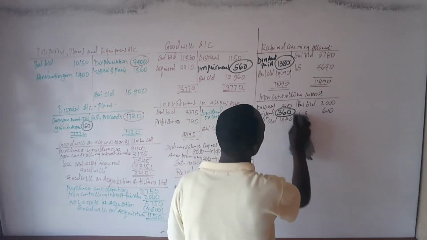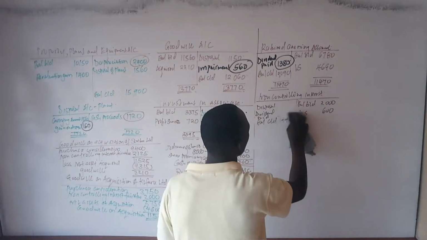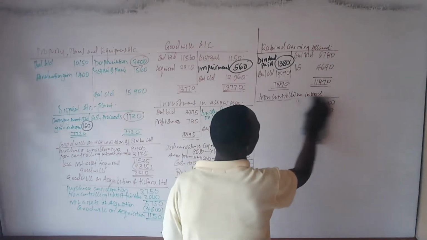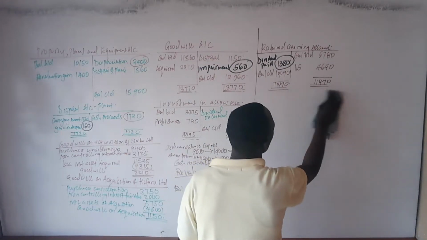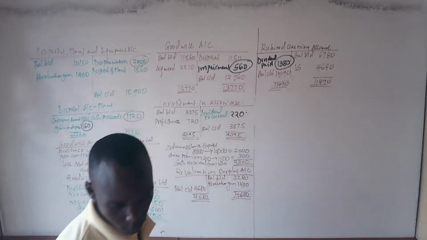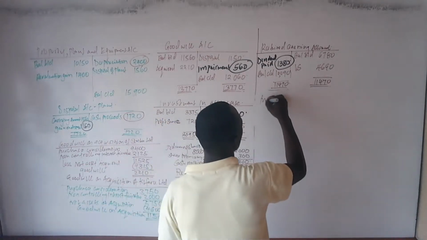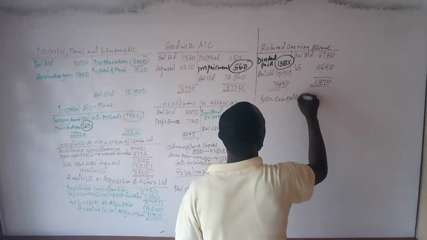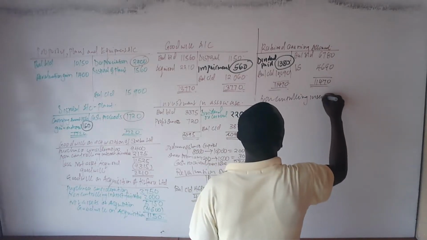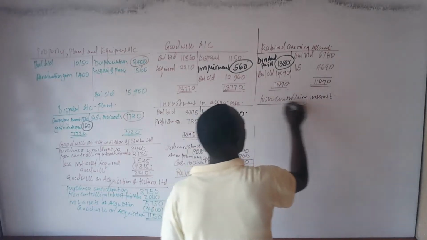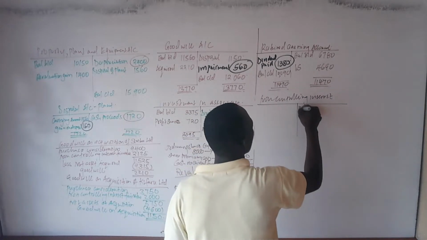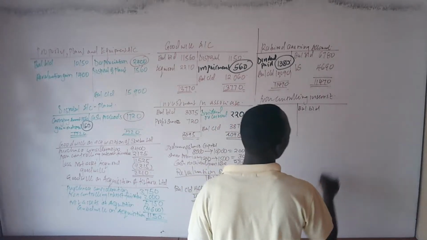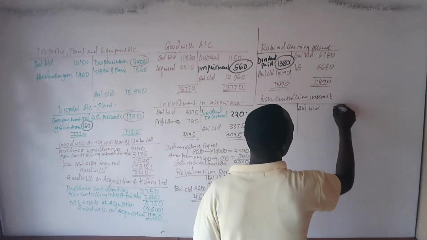So this is what we have. We can start afresh, no problem. So let us have the non-controlling interest. From this non-controlling interest, the balance brought down was how much? 2000.